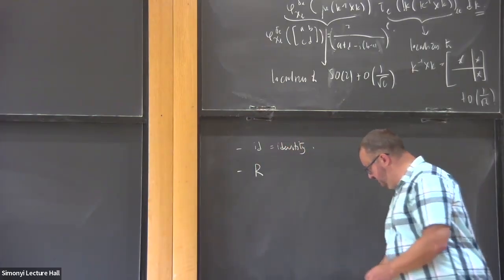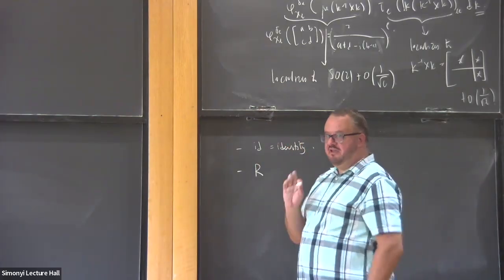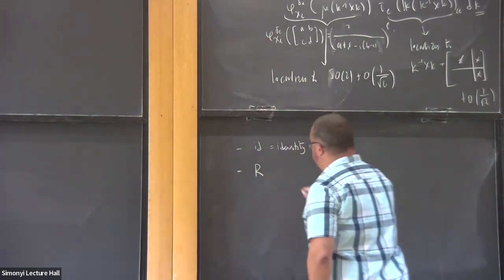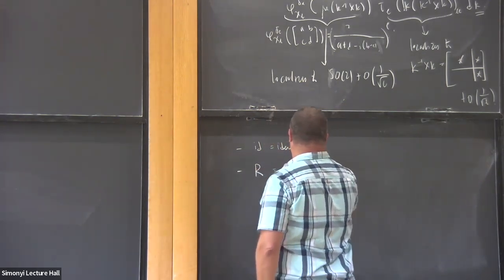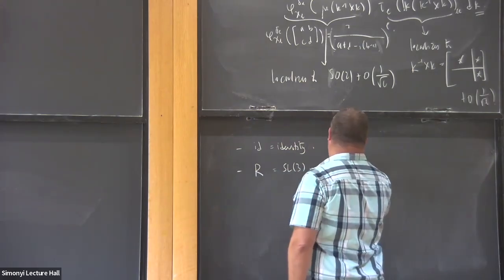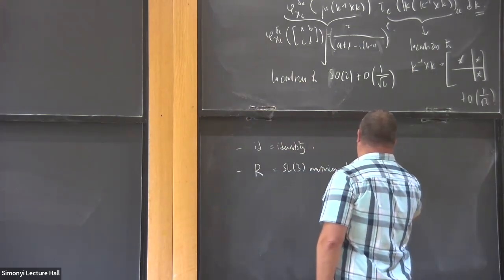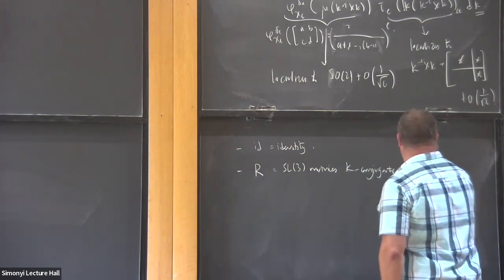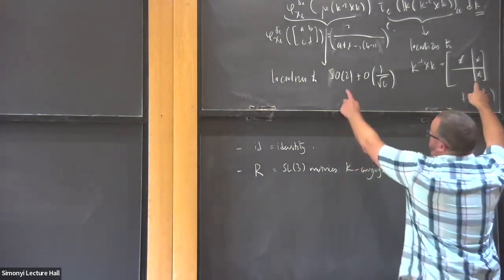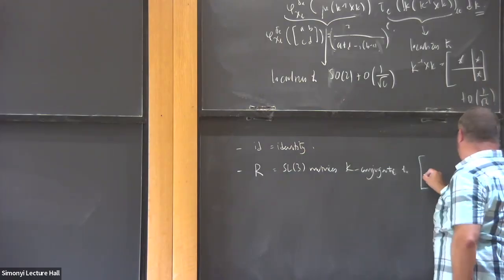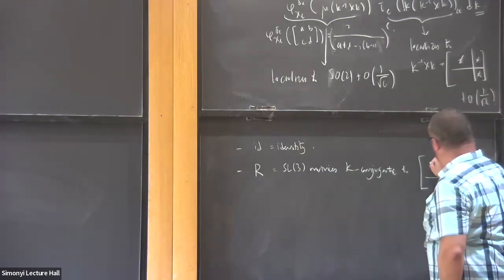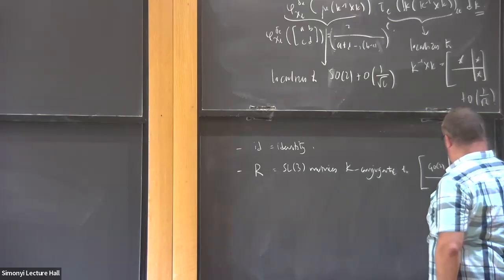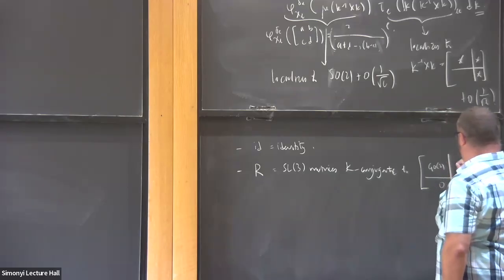This is a submanifold I can explain geometrically. These are the SL3 matrices that are K conjugate to matrices of the form, basically the product of these two, with GO2 here, and an entry here, and otherwise it's 0, 0.